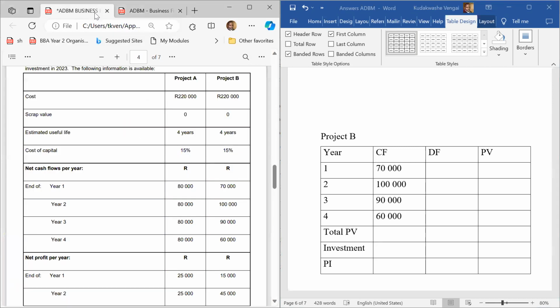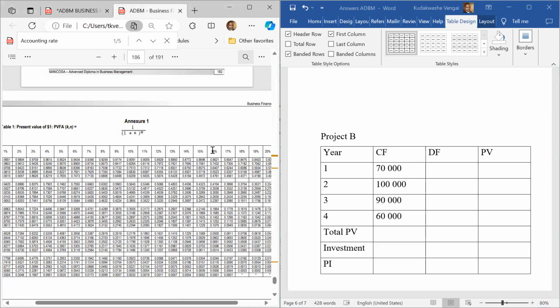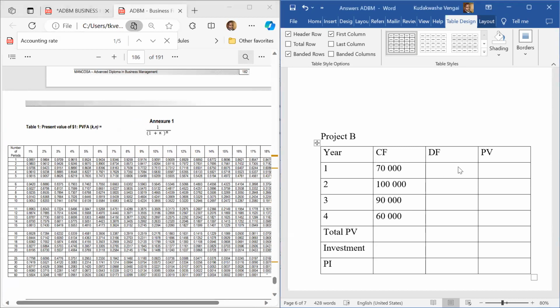So again, our cost of capital is 15%, right? So 15% for year number 1, we're going to have 0.8696. 15% year number 2, we're going to have 0.7561.